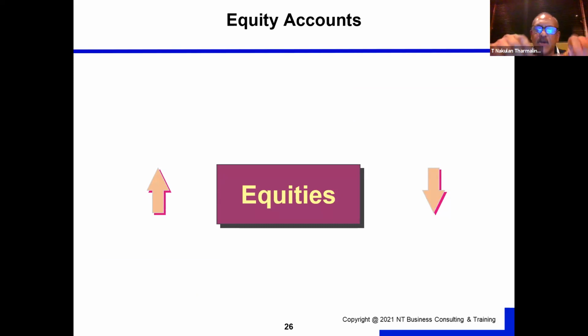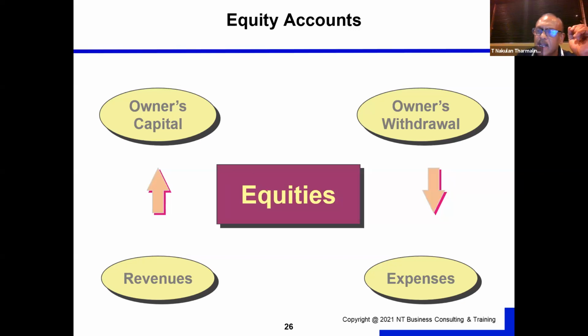And you see two arrows here. If you bring money into your business, owner's capital, it will increase your equity. If you bring income into your business by way of revenue, it will increase your equity. In respect of owner's withdrawal, as in partnership accounts, if you draw money out of your business, it will reduce your equity.